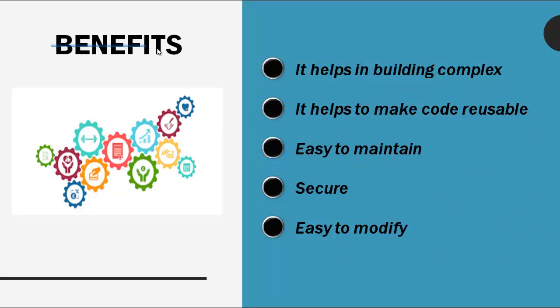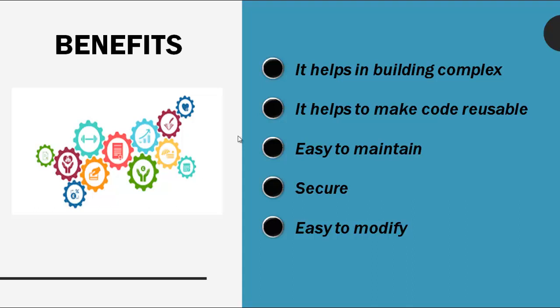Next, there are the benefits. Now our question is: why are we using OOP when we have procedural PHP? The answer is that because it is a principle, it helps us make complex objects, files or websites in a very simple manner. We can easily maintain, reuse and modify the code.